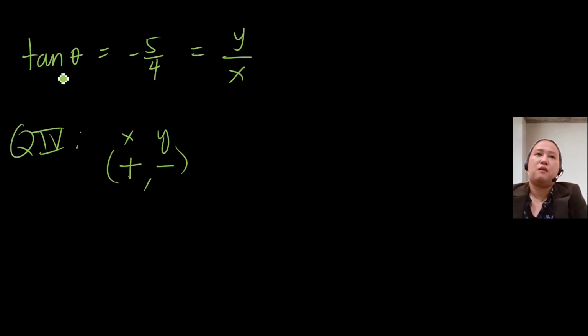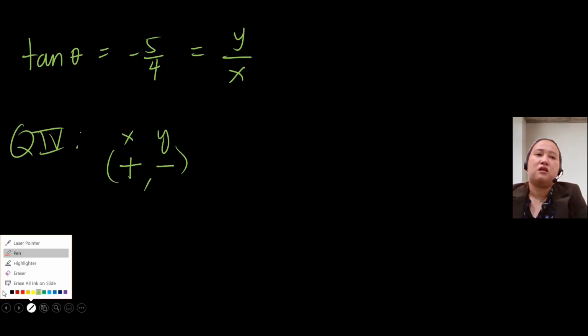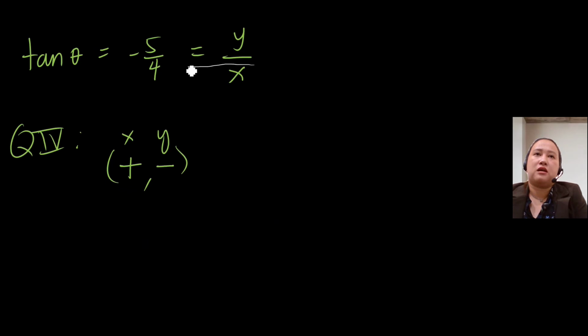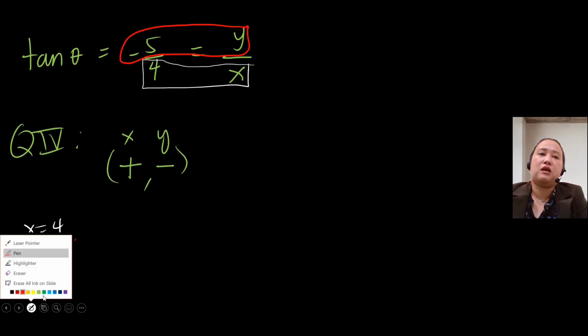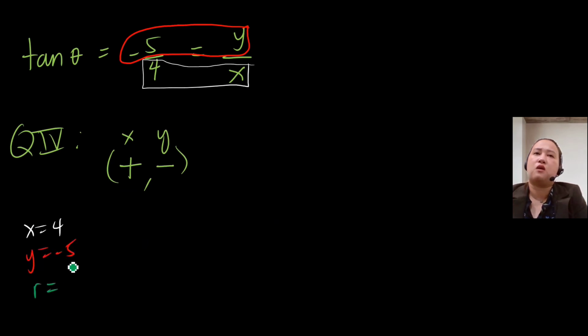Remember tangent theta is y over x. So x is 4 and y is -5. So we already have the coordinates. What we need now is the value of r.